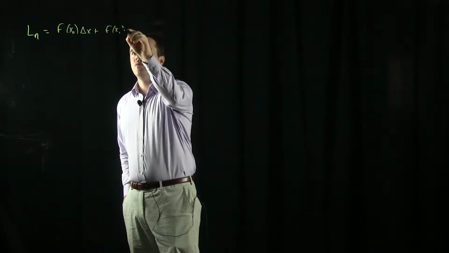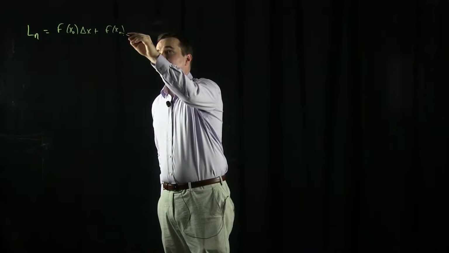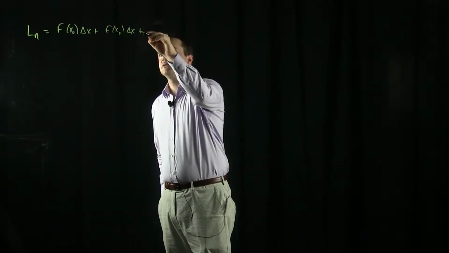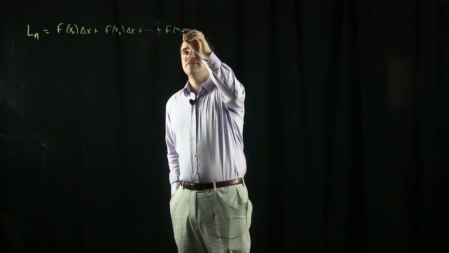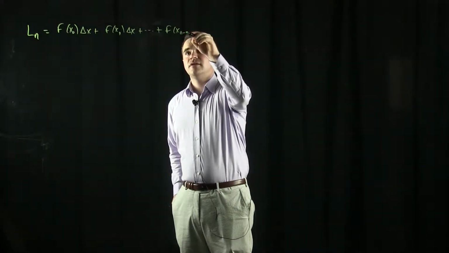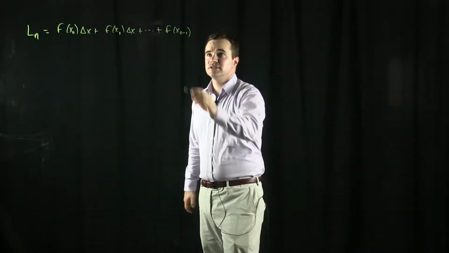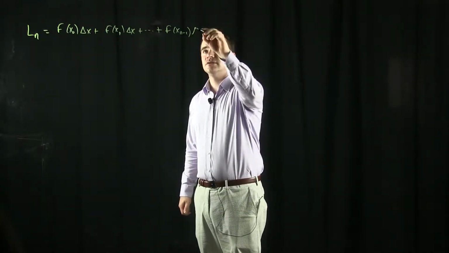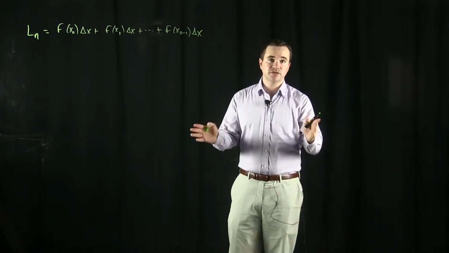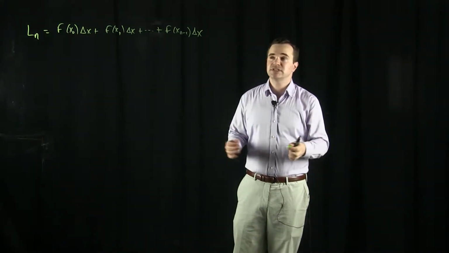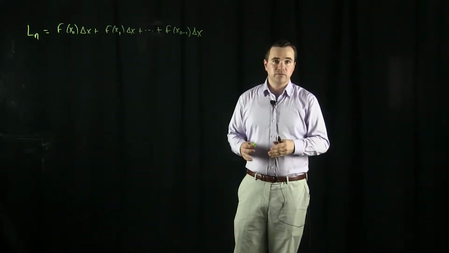Then the left endpoint of the second interval, x1, times delta x, and so on, until you finally end up with the left endpoint of the nth interval, f of x n minus 1 times delta x. You add it all up, and that's your left endpoint approximation.